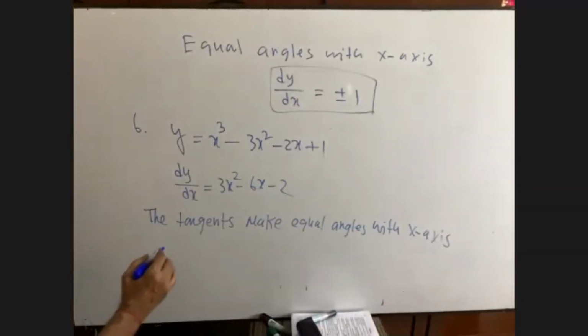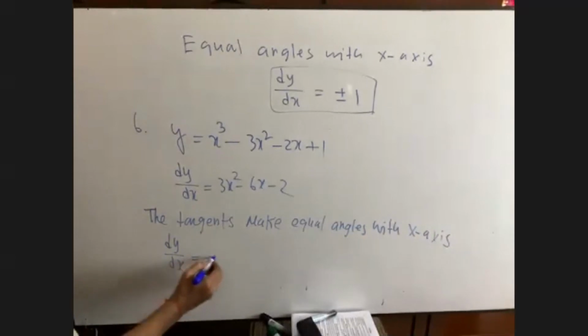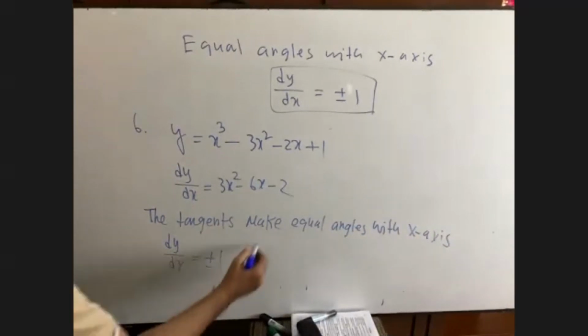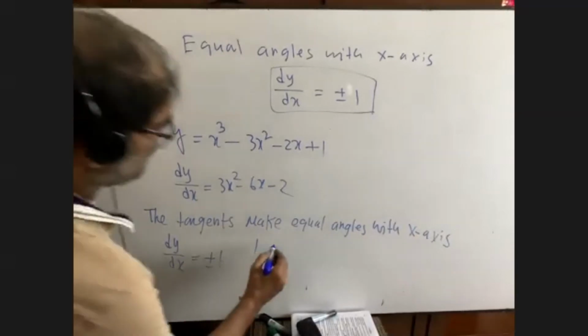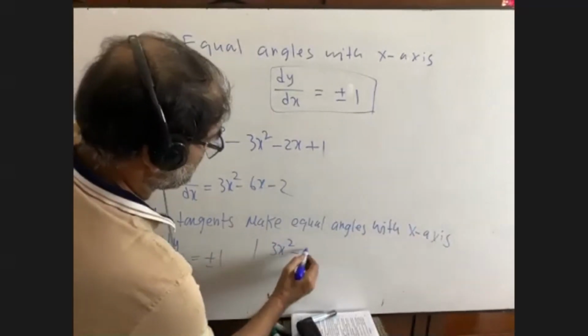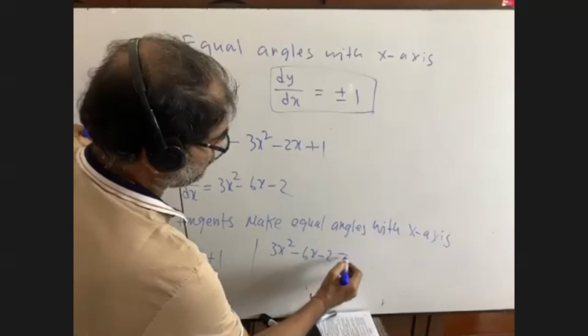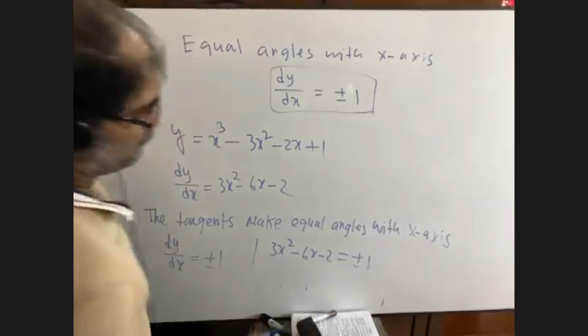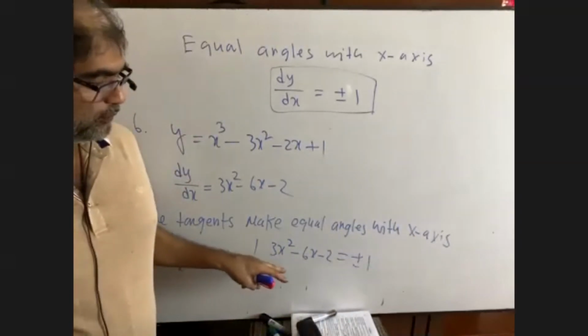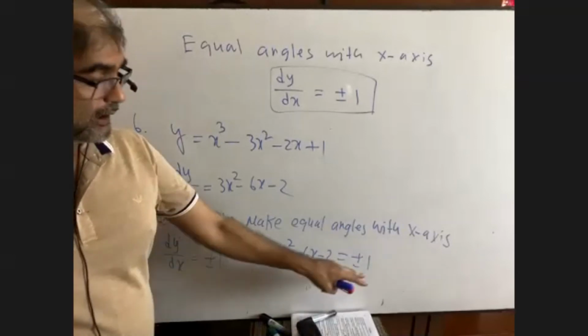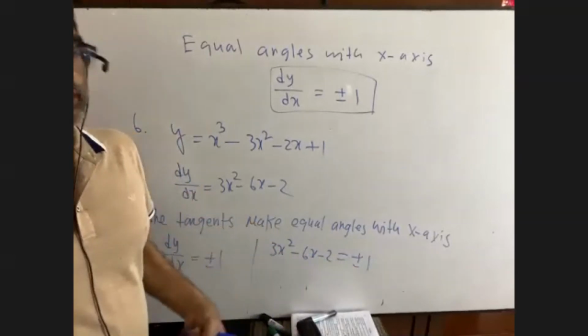Okay, therefore dy by dx equals plus minus 1. That means 3x square minus 6x minus 2 equals to plus minus 1. What will you do? Once you will take positive value. Secondly, you will take negative value.